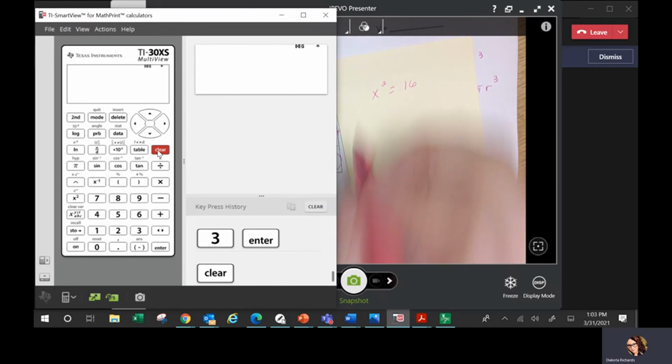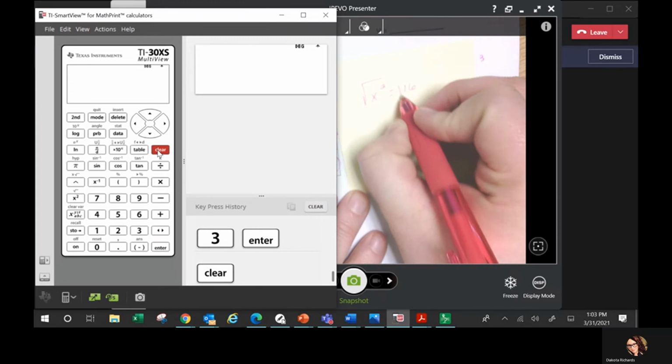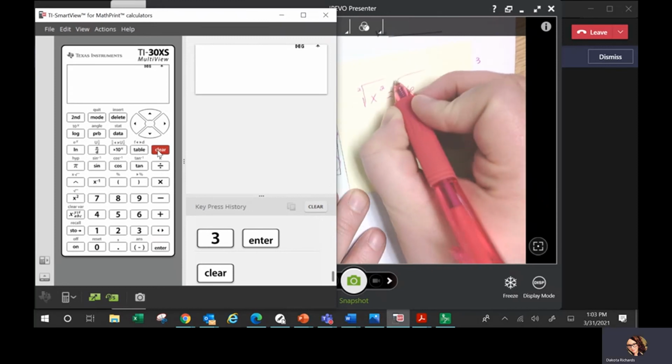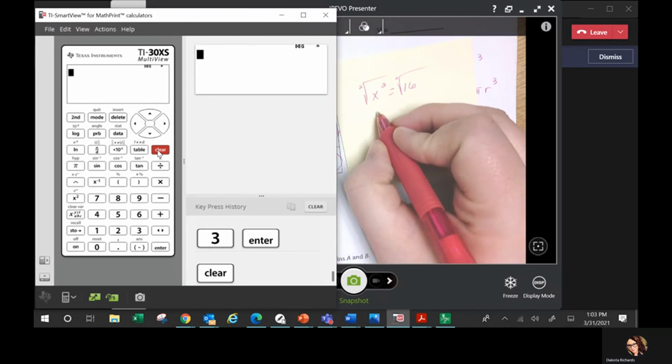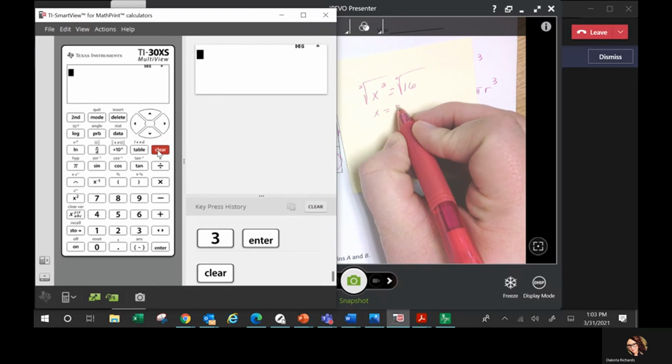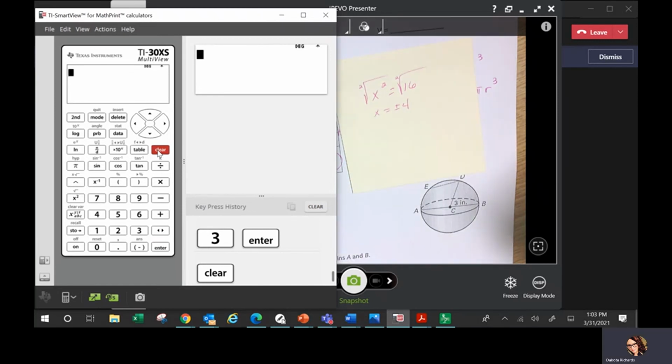Take the square root, right? Technically, there's a little 2 here. That's why it's called square root. So when you want to get something squared by itself, you take the square root. So this will be plus or minus 4.